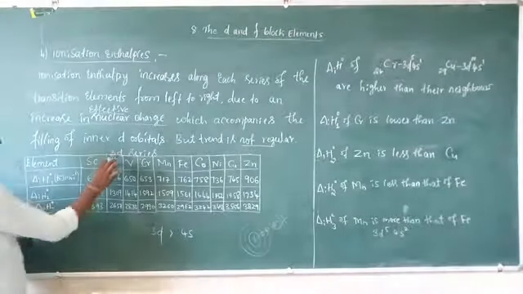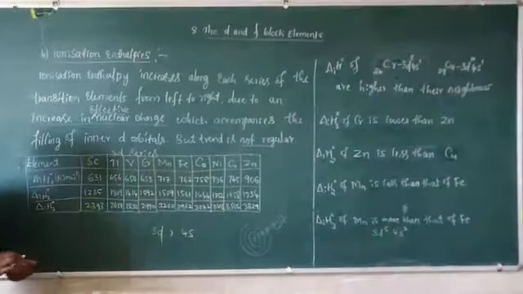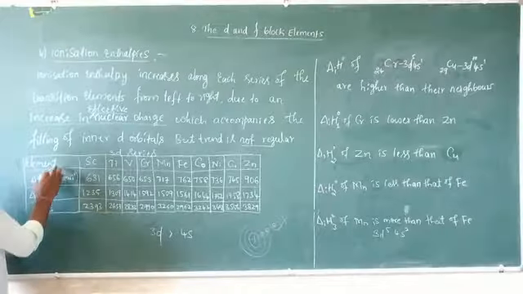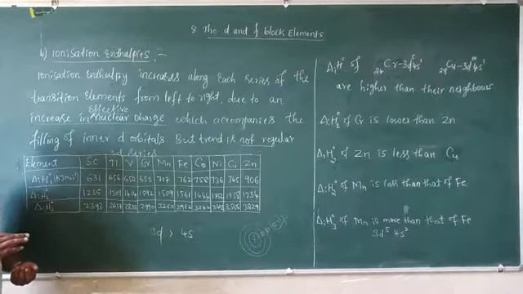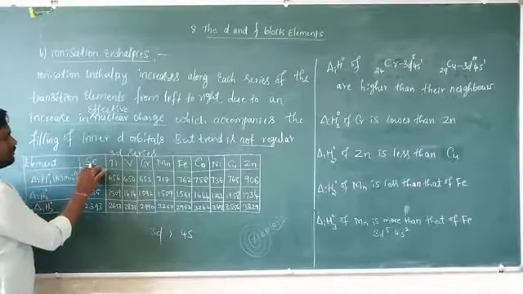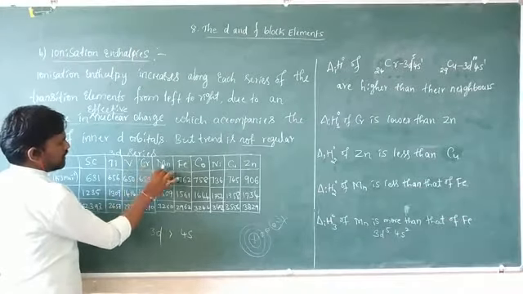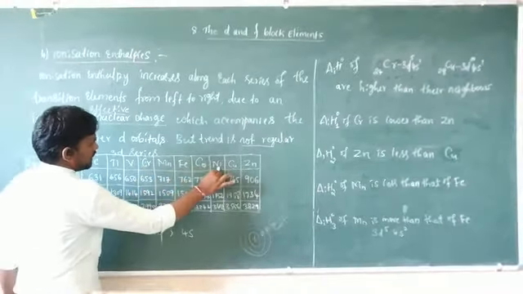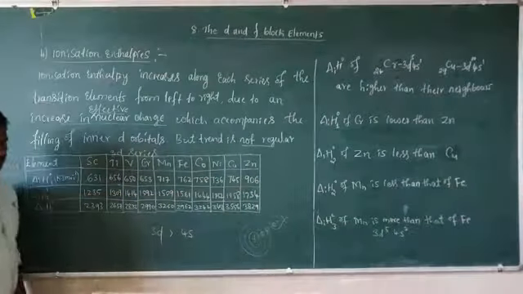Let us see the 3d series of d block elements, the variation of first, second and third ionization enthalpy in kilojoules per mole: scandium, titanium, vanadium, chromium, manganese, iron, cobalt, nickel, copper, zinc.